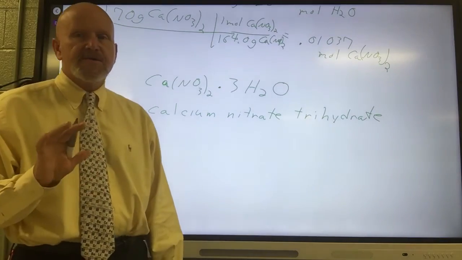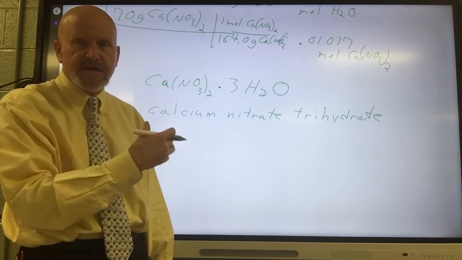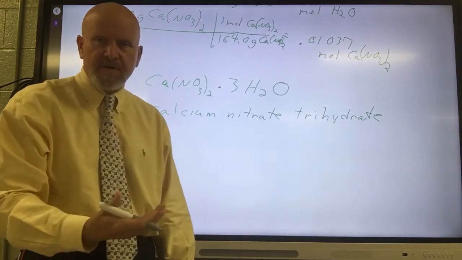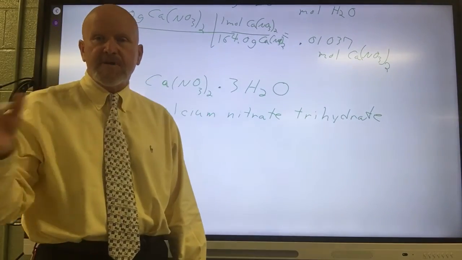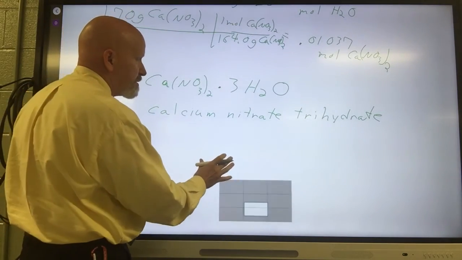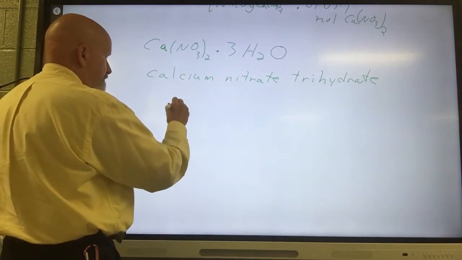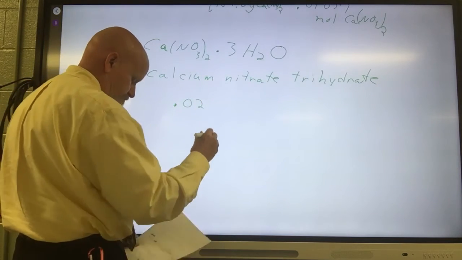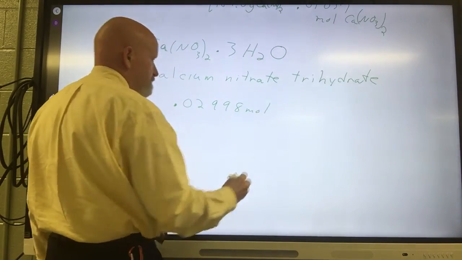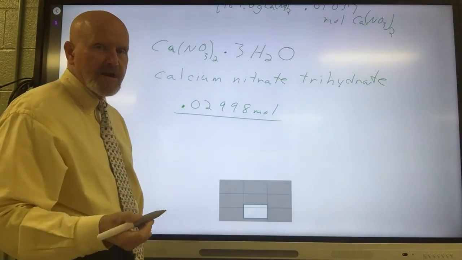Now there's a technique that you can use, and this is for any kind of empirical formula. This is really an empirical formula, but instead of individual atoms, it's how many of these you have per ionic compound. In an empirical formula, you're dealing with how many of each atom you have in the molecular compound. So if I take a look at this, what I can do is take whatever I have less of, so that's my moles of calcium nitrate, and divide by that.